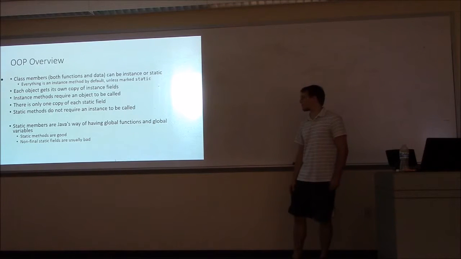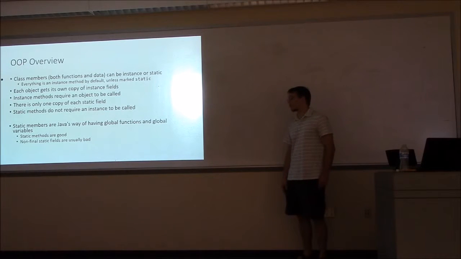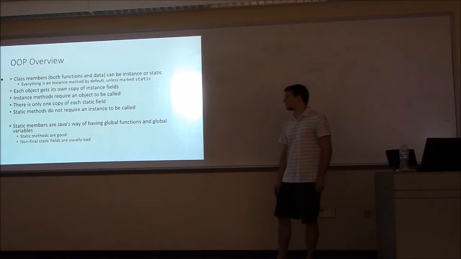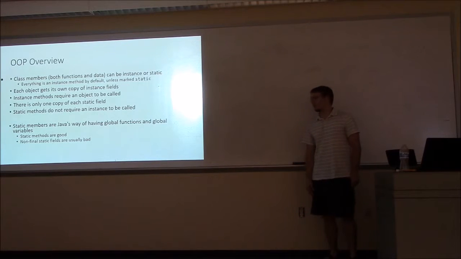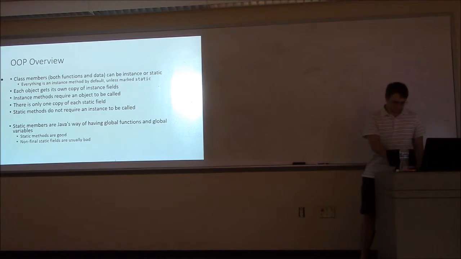You can use those to perform some functionality related to the class that doesn't require a specific object of that class. Typically, non-final static fields are bad for the same reason that global variables are bad in other languages. So you usually want to avoid those.